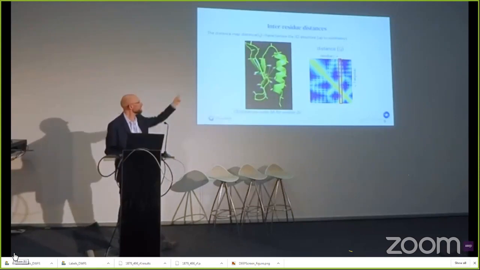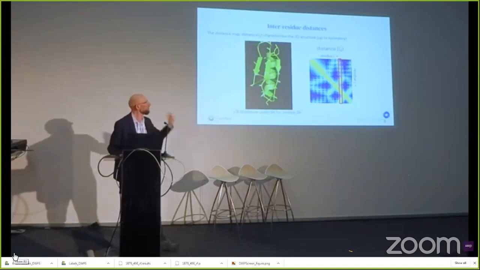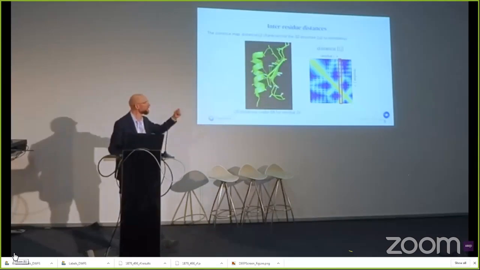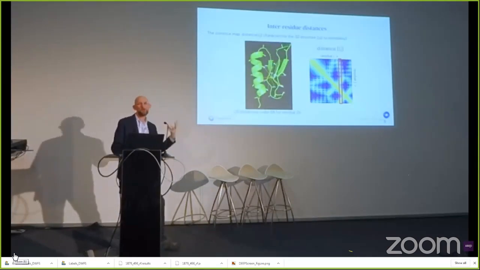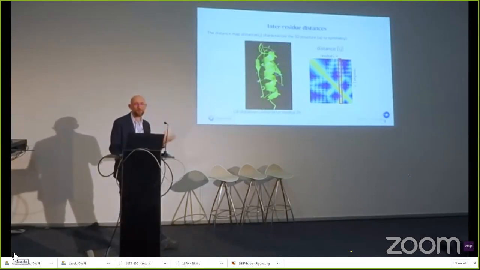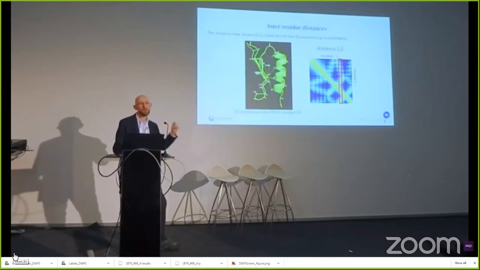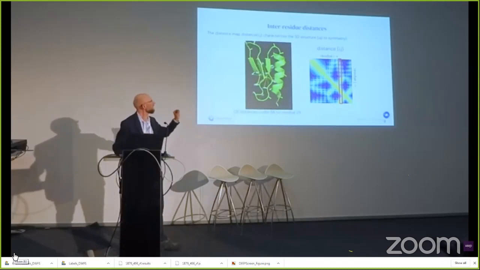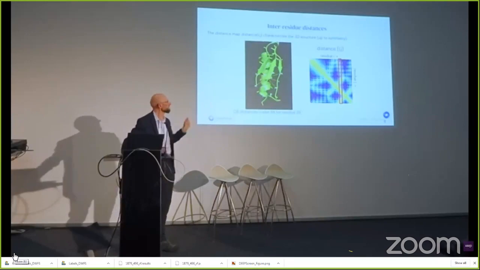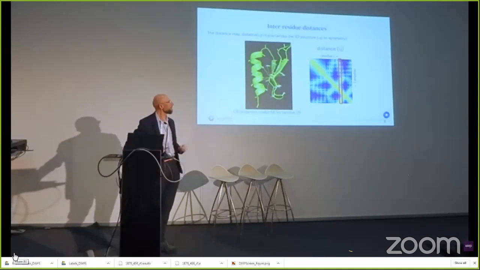If I take any two residues labeled i and j, and I measure the distance between them in this 3D model, I get a matrix, the distance matrix. It has n squared distances. That completely captures the structure of the backbone up to a symmetry, and it is a useful representation that we'll come back to later. On the left, I've chosen one particular C beta atom, and I've drawn lines to all the other C betas that are within 8 angstrom distance. That corresponds to one column of this distance matrix.